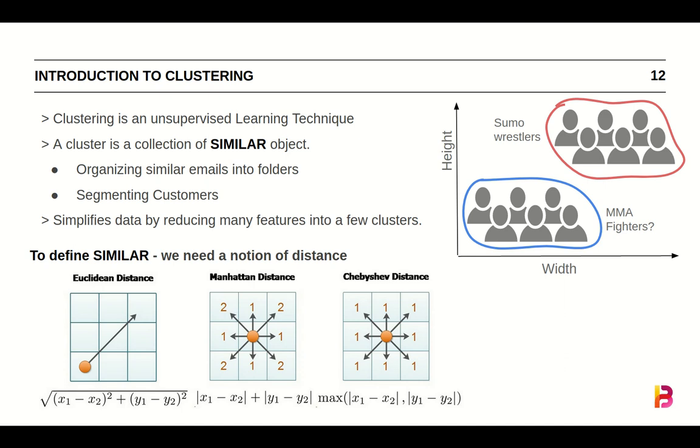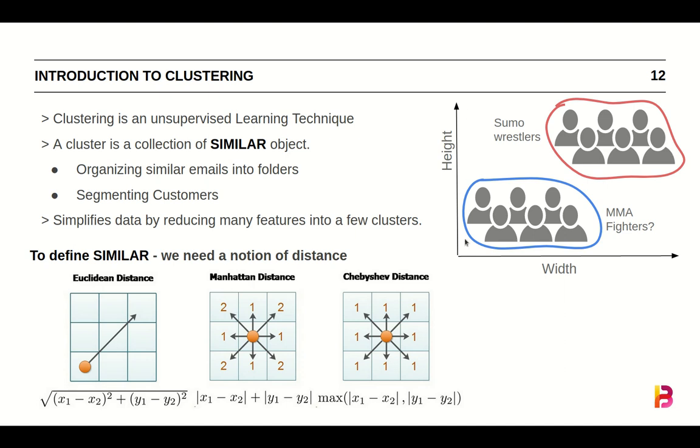Each observation can be represented as a point in mathematical space, with each of the axes denoting a feature. So if we plot the entirety of a data set in the mathematical space, the points which are a little closer together than compared to other points would become a cluster.